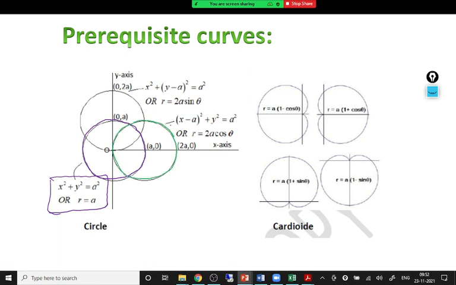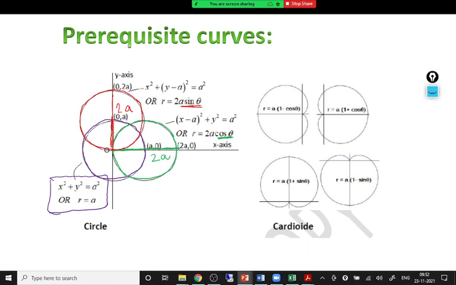Whenever cos theta is there, the diameter is of length 2a, and that should be on the x-axis. And the last one is r equal to 2a sin theta. Whenever sin theta is there, the diameter 2a should be on the y-axis. So these are the three circles you should remember.